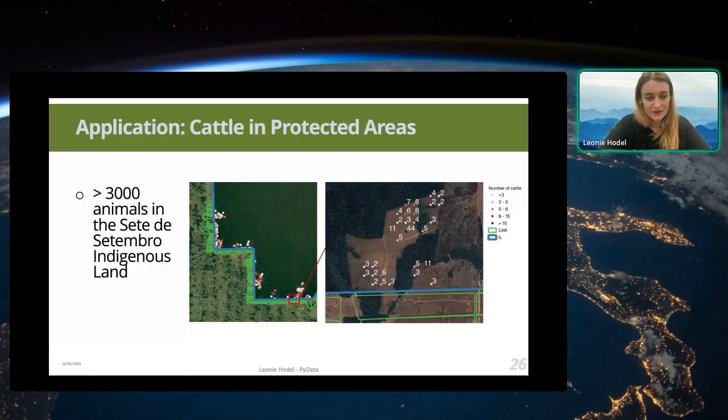It's an indigenous territory, and you see that on the border, on the blue line, there are all these cattle that move into the territory. If we zoom in, in green you see the property boundaries of different cattle ranching properties, and how the cattle from these properties go into the territories.